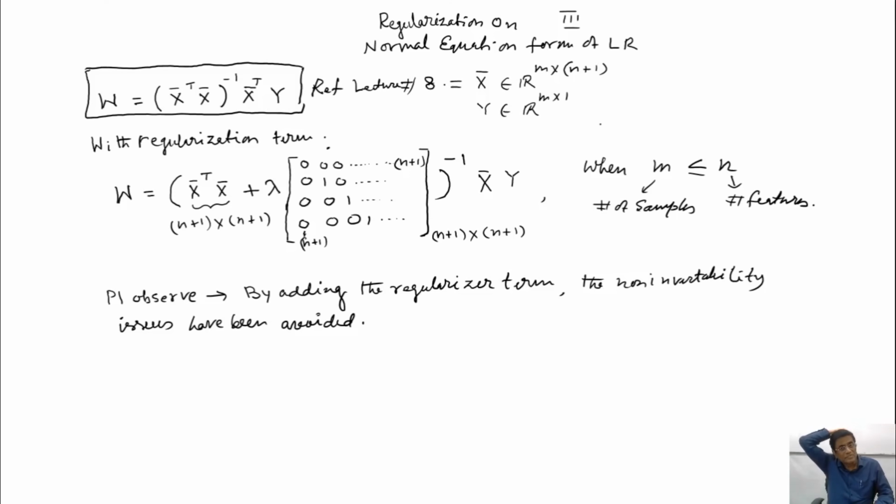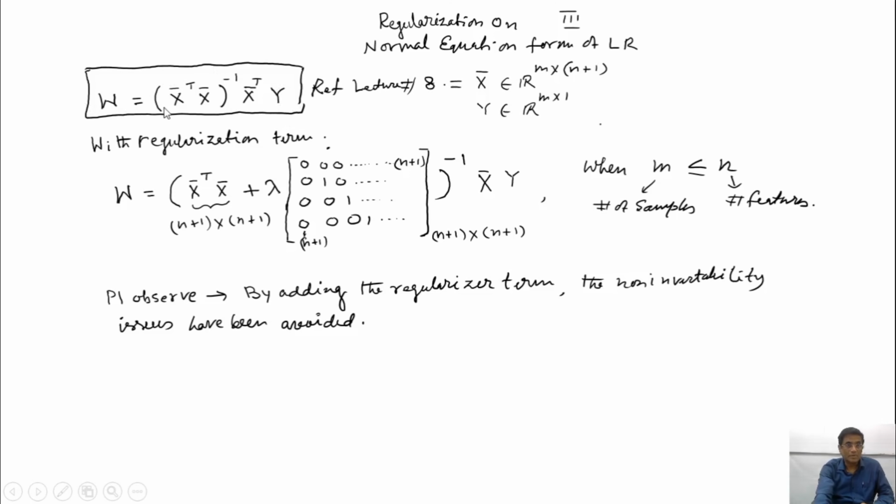So let us now see what effect this regularizer has on the normal equation form of linear regression. In lecture number 8, we deduced the normal form of the equation.